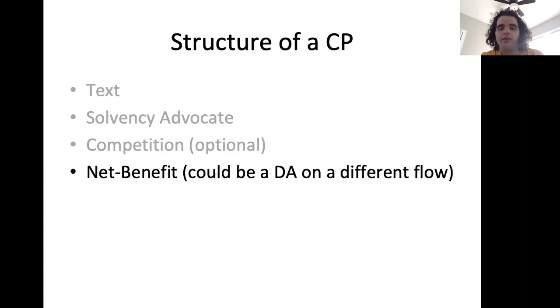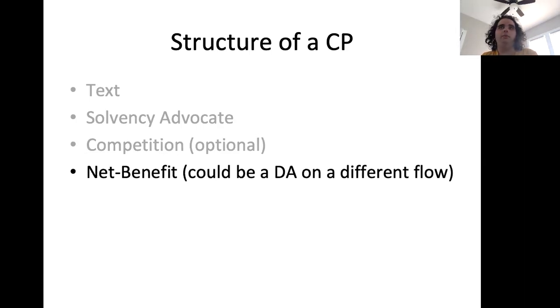It does other things. So it's a disadvantage that links to the plan, but it does not link to the counterplan because it's not connected to the counterplan. Those are called net benefits because it proves that when you add it all up, if both the plan and the counterplan solve the aff, but the counterplan avoids the disadvantage and the plan doesn't, then on costs and benefits, it's a net benefit to the counterplan. You should vote for the counterplan in that instance.